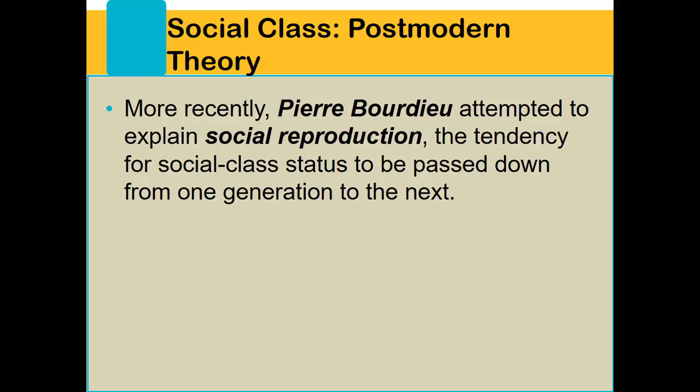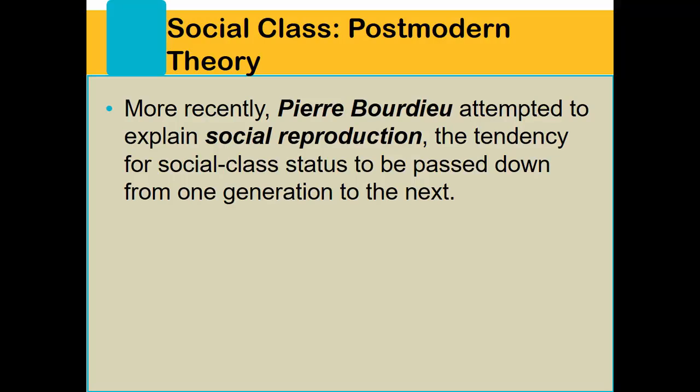Poor people tend to have children that go on to continue to be poor. And sociologists and other social scientists have observed that that is a consistent trend. If your parents are of one class status, chances are you will be of a similar class status.